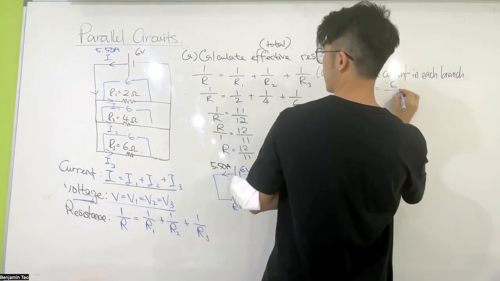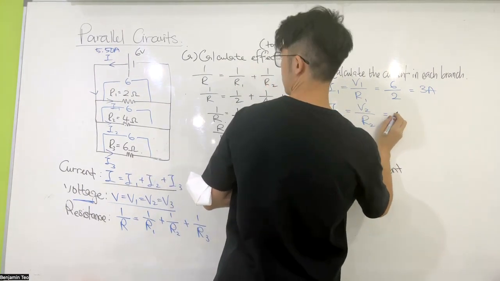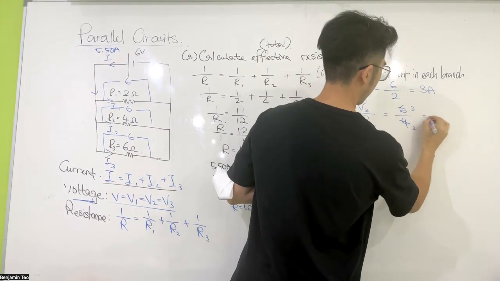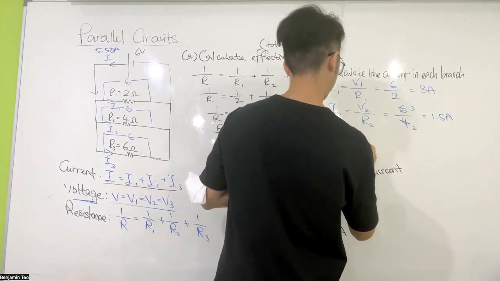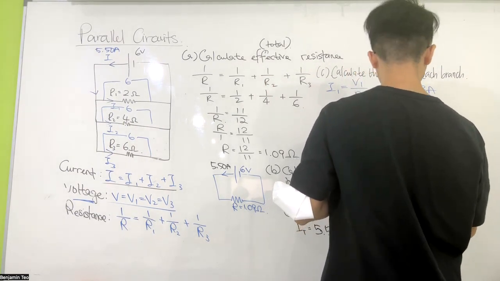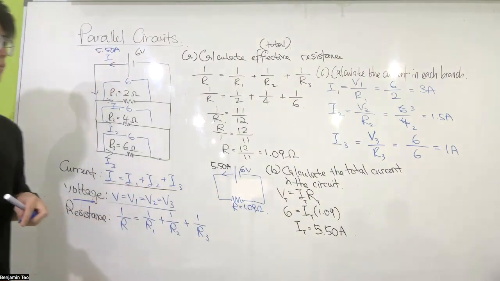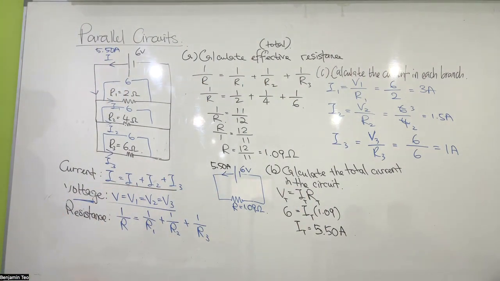Okay, 6 divided by 2, 3. And I2, V2. With 3 amps, 1.5 and 1.